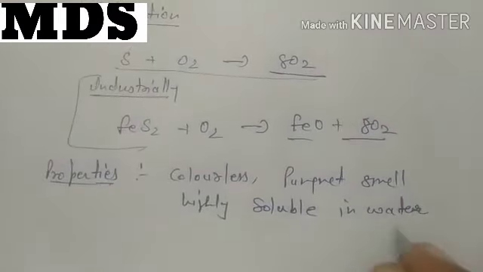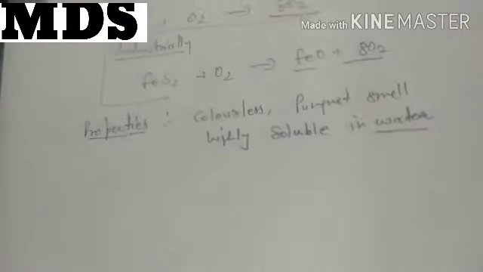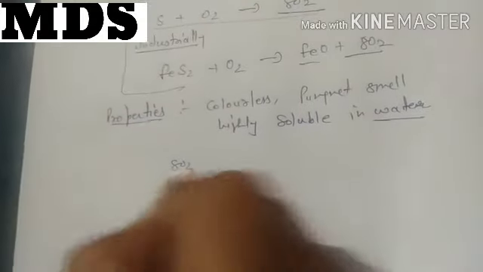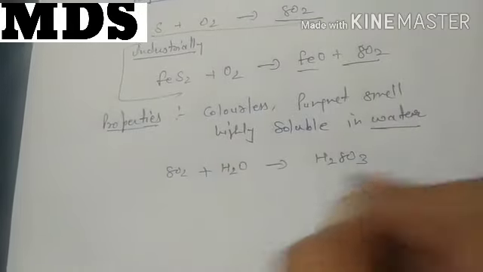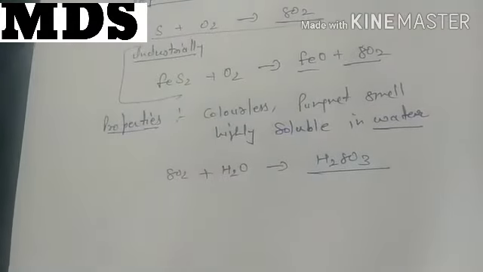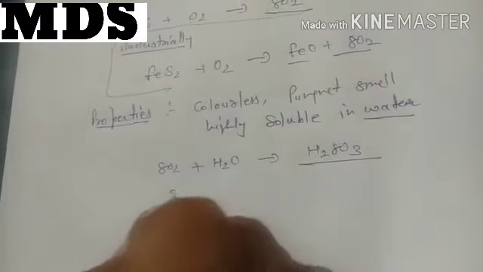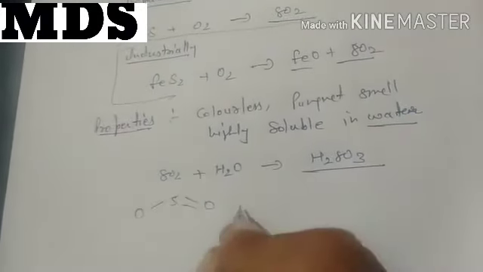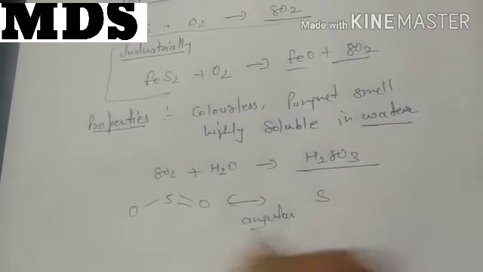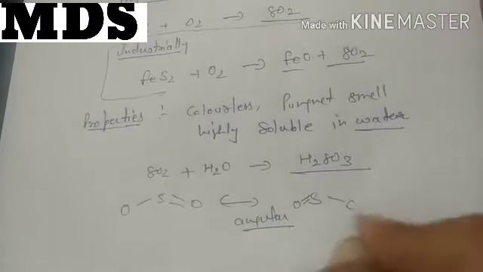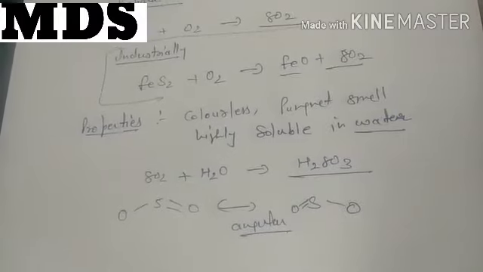You can also show this by the reaction: when sulfur dioxide is put in water, it results in the formation of sulfurous acid. The molecular structure of sulfur dioxide is angular. The structure is an angular molecule. Two canonical forms, a resonance hybrid, are possible for sulfur dioxide.